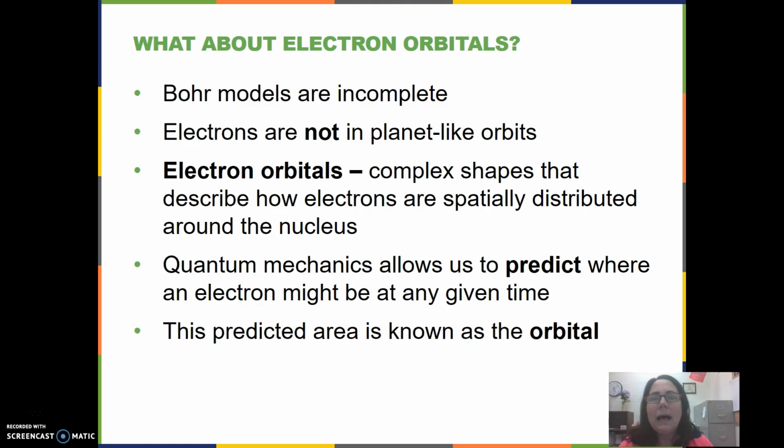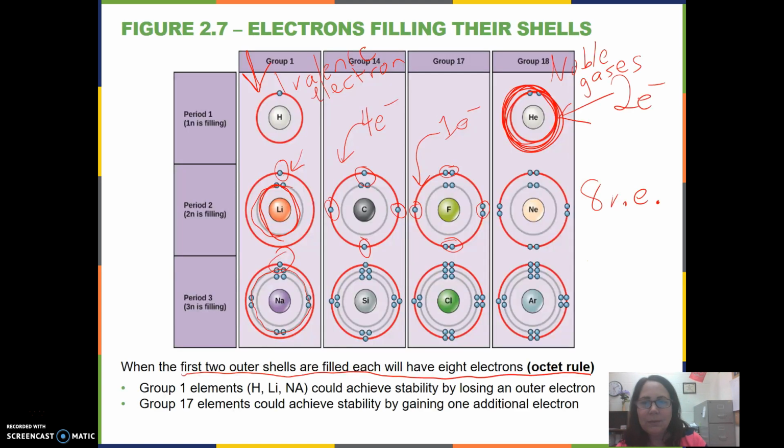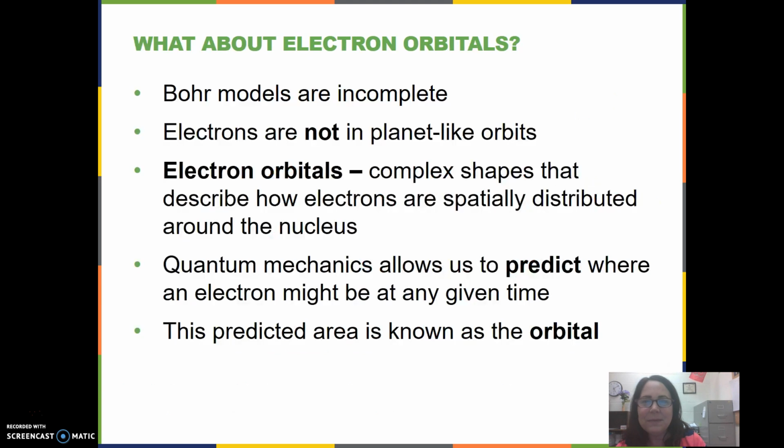On this slide, it just explains that these models of atoms are called Bohr models. That's when you have the protons and the neutrons in the center and the electrons fill in orbitals, the first energy level, the second energy level, and so on.